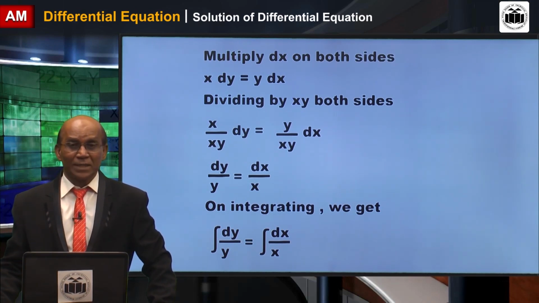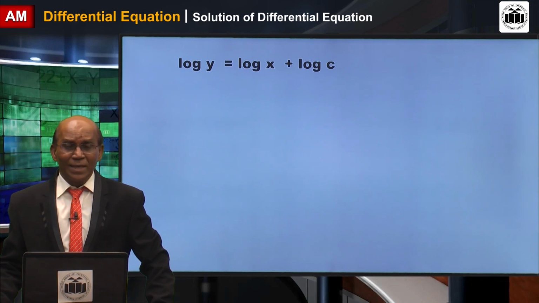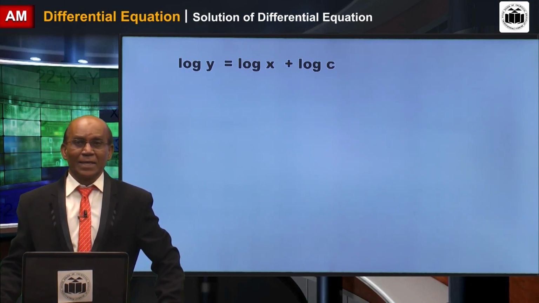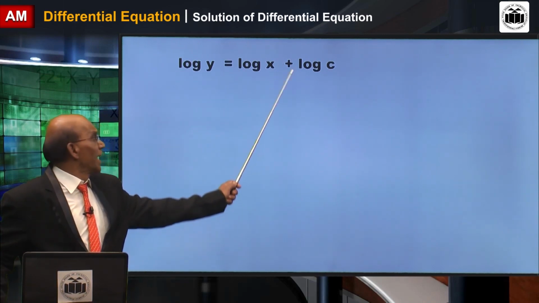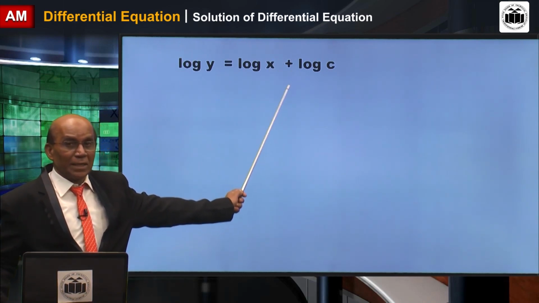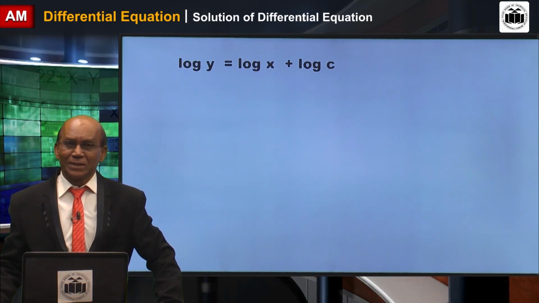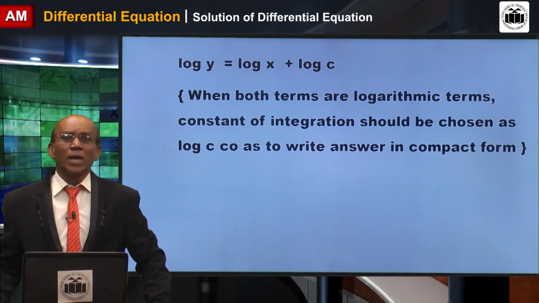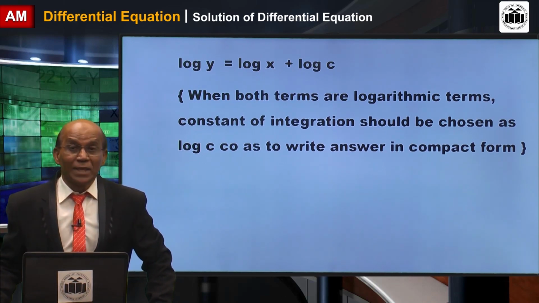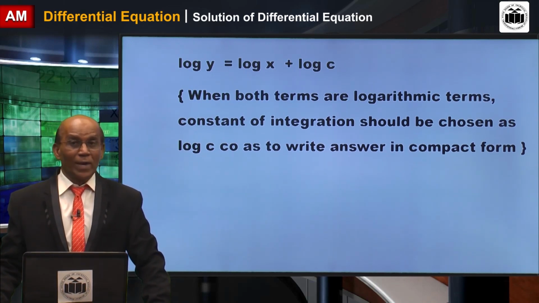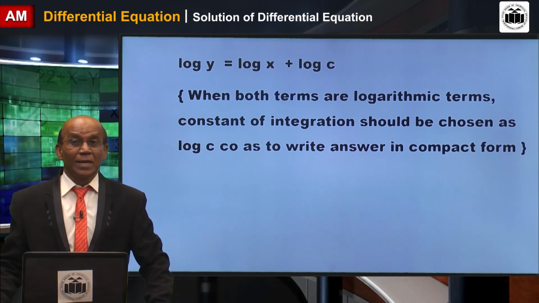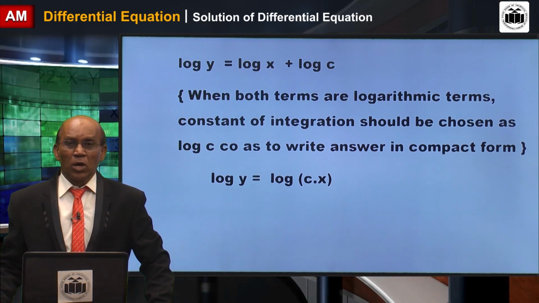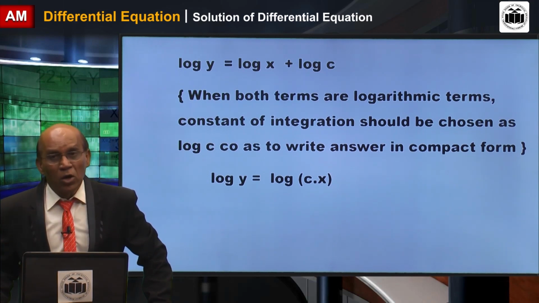On the basis of the integral of dx upon x, we can write on the left hand side log y equals log x plus log c. Why do we take plus log c? The reason is, when both the terms are logarithmic terms, the constant of integration should be chosen as log c so as to write the answer in compact form, and that answer is log y equals log cx.